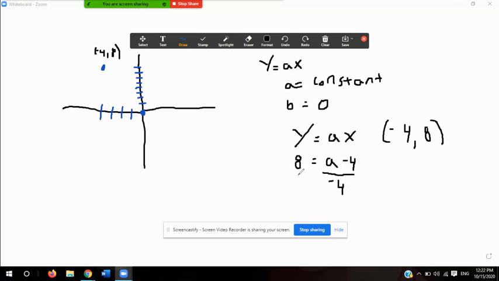And 8 divided by -4 is actually going to be -2. So if a equals -2, that means that my direct variation equation is going to be y equals -2x.